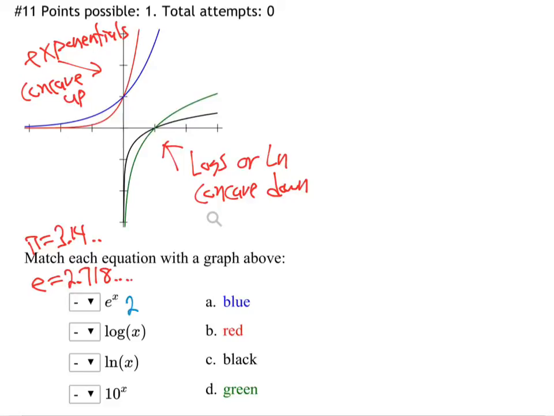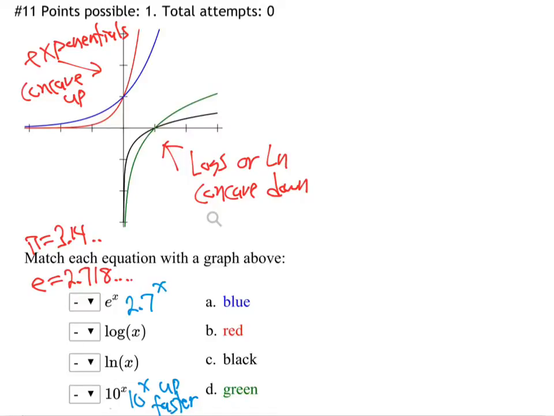Well, this is basically like 2, or 2.7, whatever, to the x. And this guy is 10 to the x. So which one's bigger? Which one's going to go up faster? This guy's going to go up faster. Let me kind of scribble around here. This one's 10 to the x, so it goes up faster.